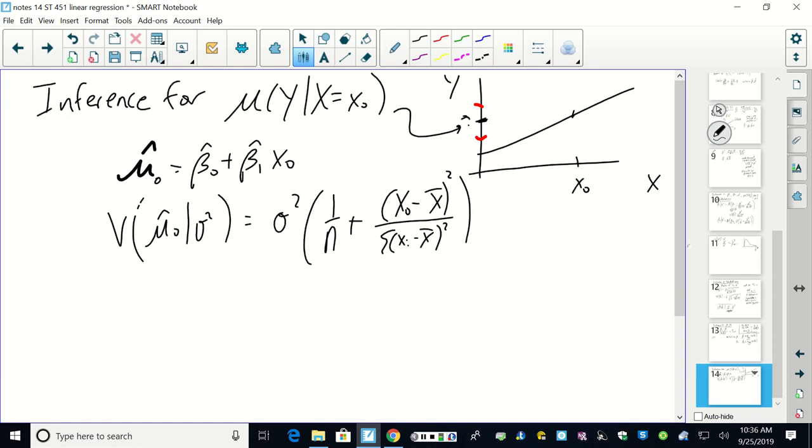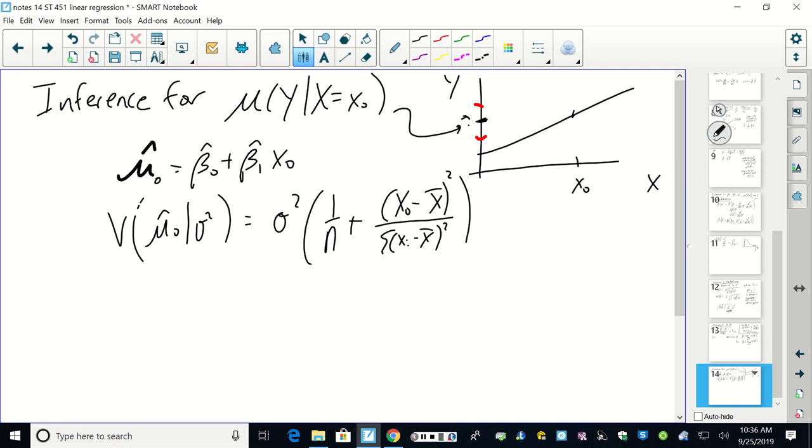So how accurately we can estimate this point up here, the height of that regression line, depends on how variable the y's are. It depends on the sample size. It depends on how variable the x's are, because if the x's are more variable, we know that slope better, we know the line better. But it also depends on how far x0 is from x bar, right?